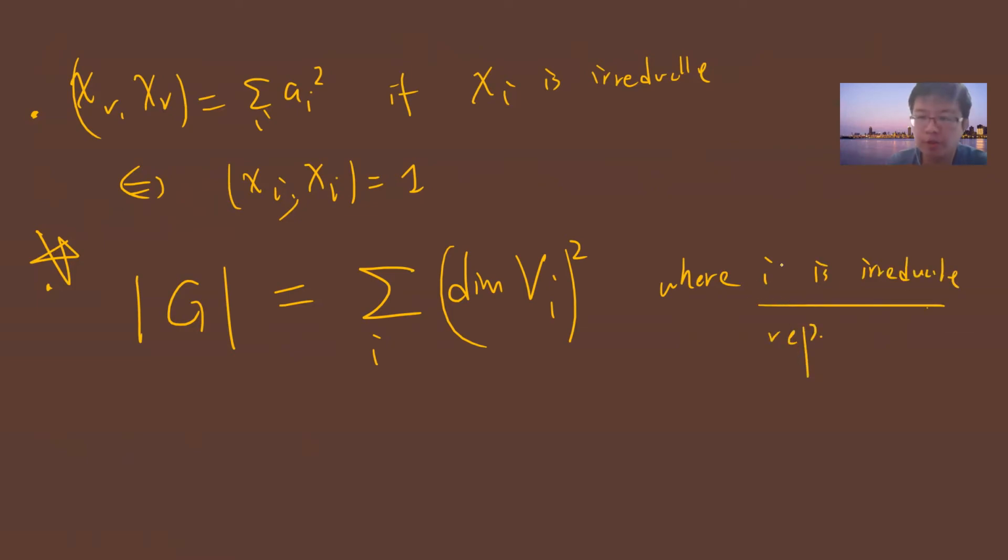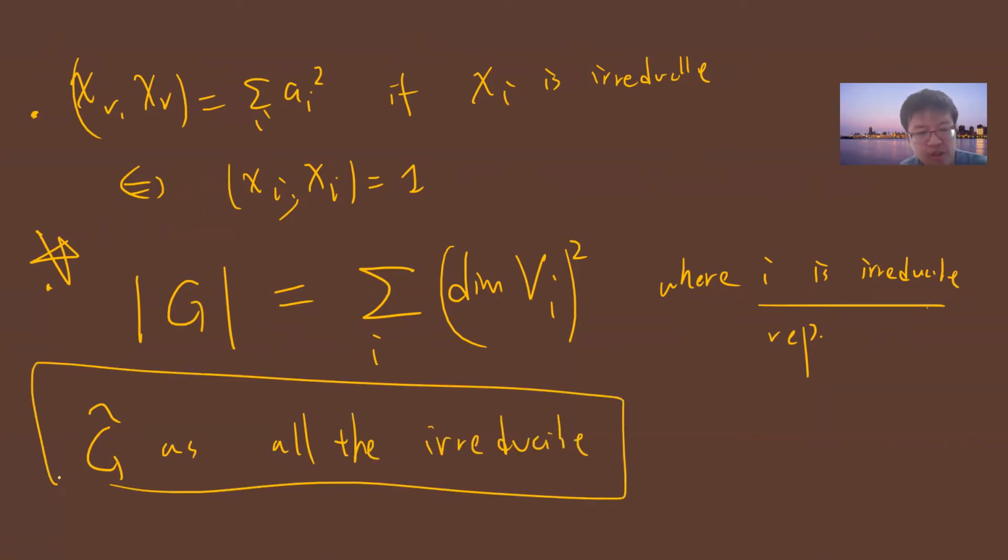From now on, I'm very lazy, so I denote Ĝ as the set of all irreps. The problem is that I didn't provide any structure on Ĝ; I only say it as a set.